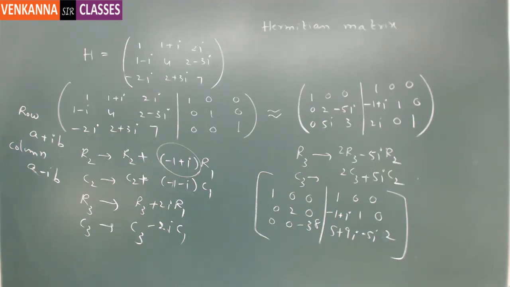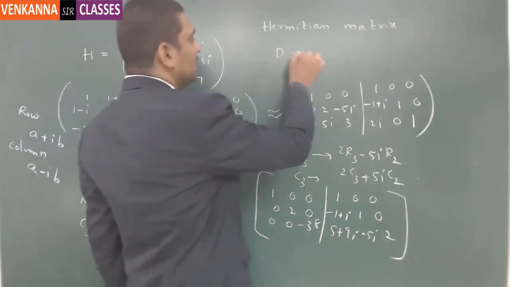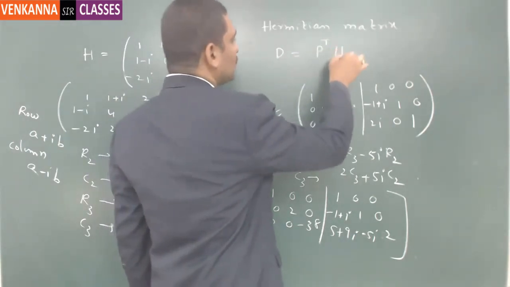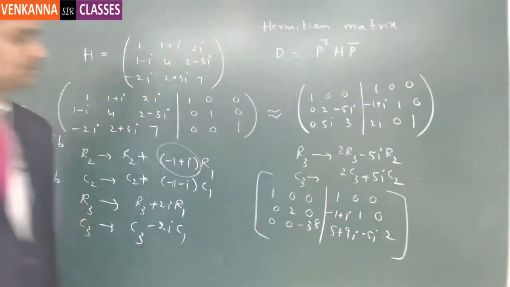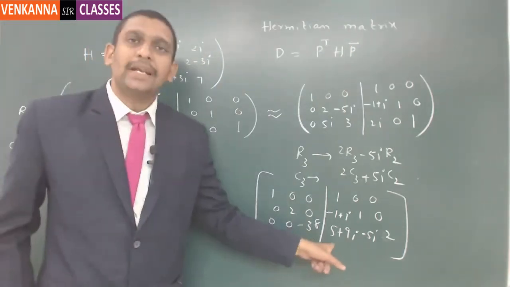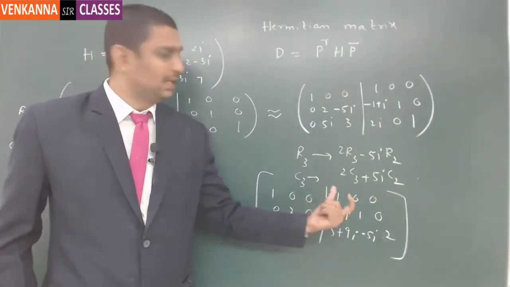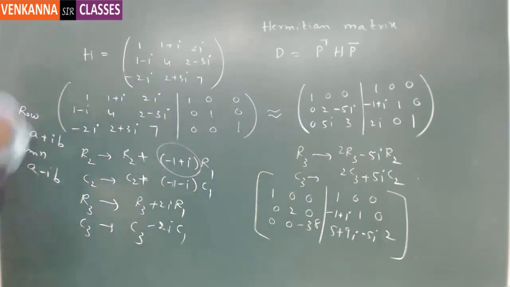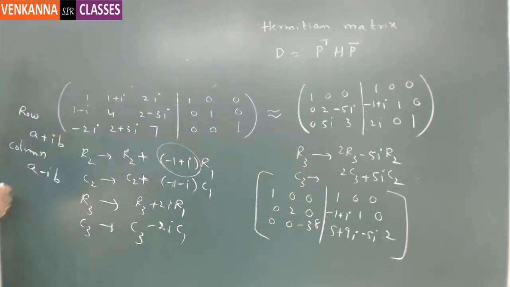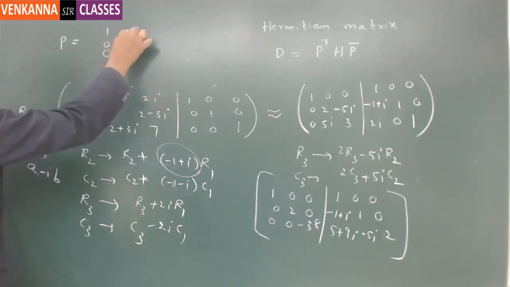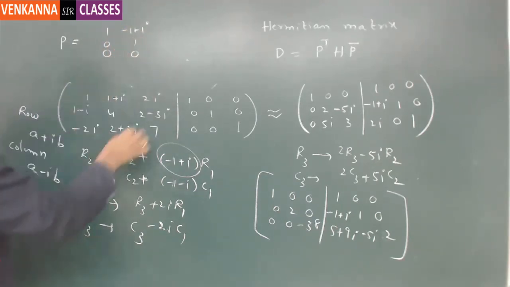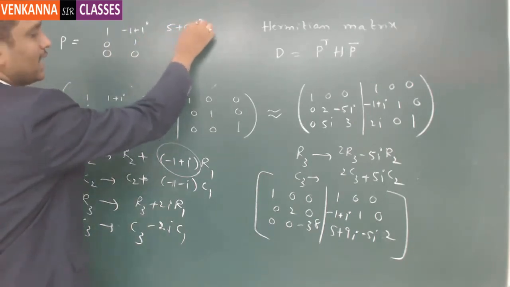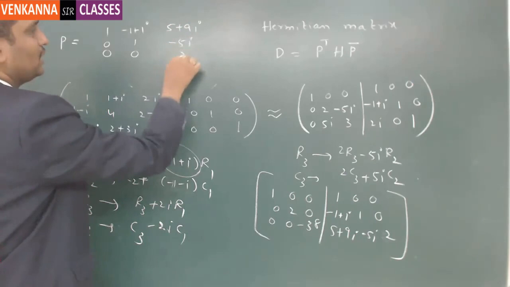For complex matrices, the diagonal form is defined as D is equal to P transpose H P bar. Since this is P transpose, for having P, take a transpose of this matrix. So P is equal to 1 0 0, minus 1 plus I 1 0, 5 plus 9I minus 5I 2.